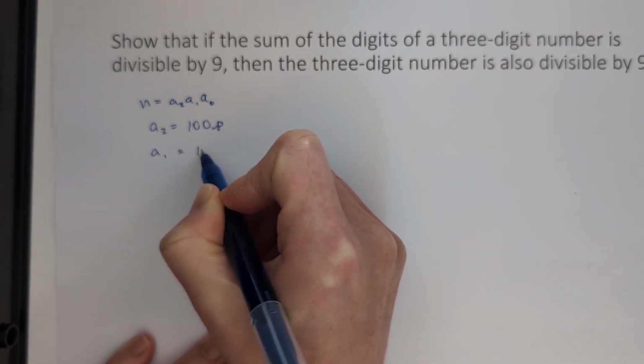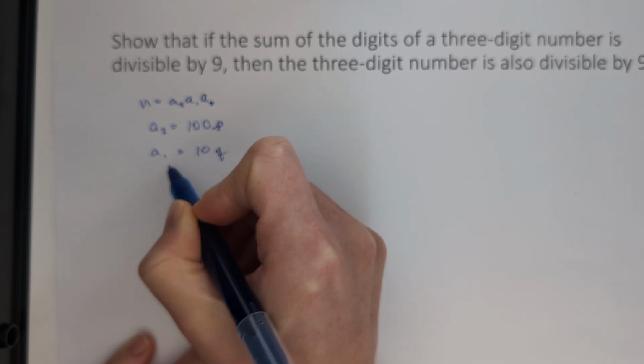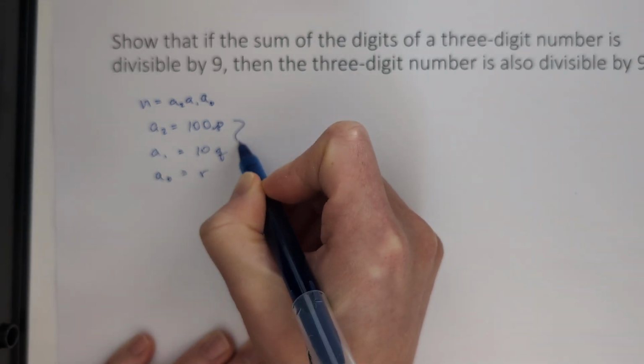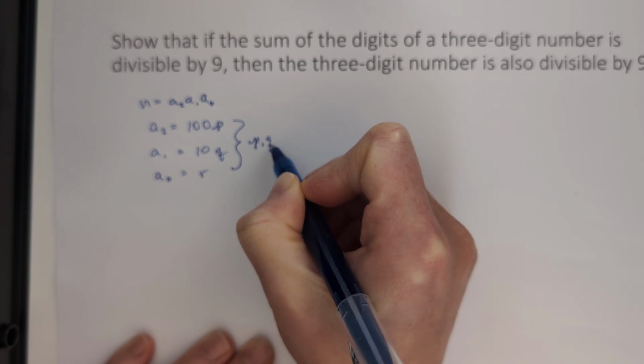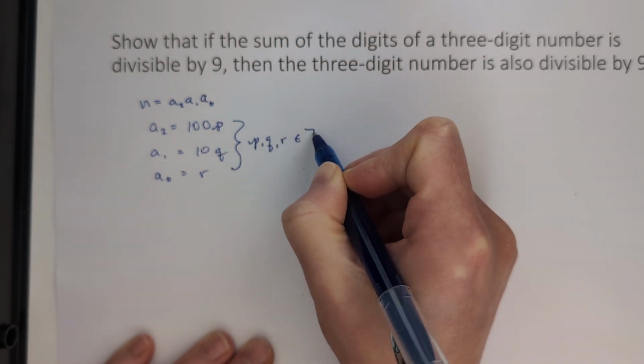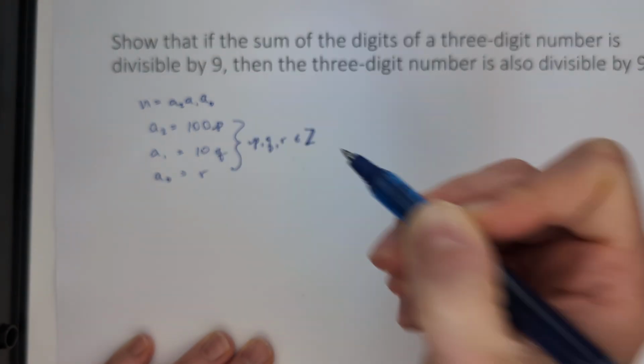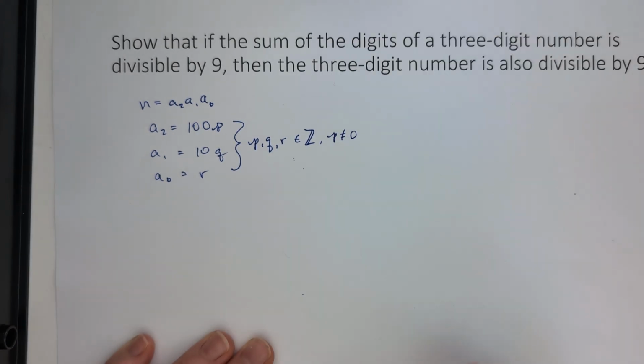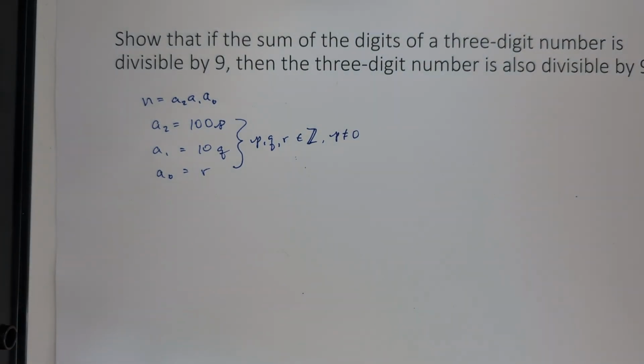A1 is some digit times 10, could be different. And this ones place is just some other digit, where P, Q, and R are integers or natural numbers. And P can't be 0 because we wouldn't then really have a 3-digit number.